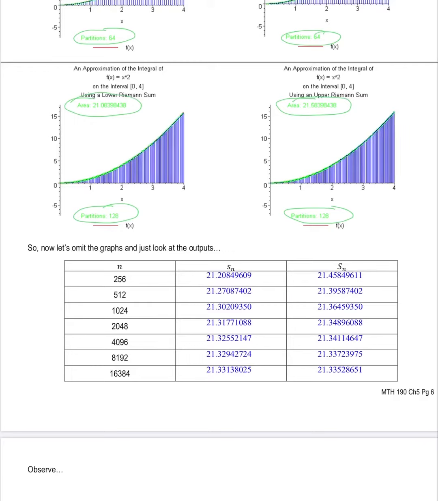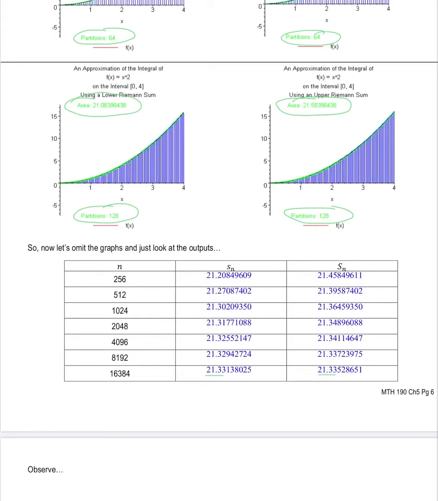But as we look at now, just omitting the graphs and looking at the outputs, if I keep doubling my number of rectangles, which is just what I chose to do in Maple, and look at my lower and upper sums here, we can see that by the end it looks like I can get accuracy to the nearest hundredth.